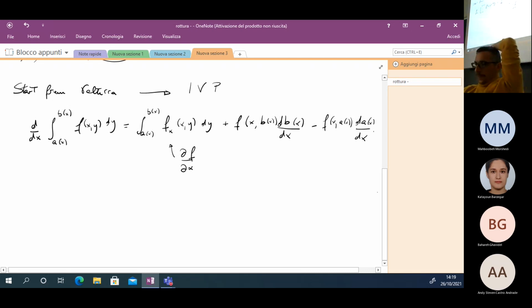Okay, so this is what is called the Leibniz integral rule.